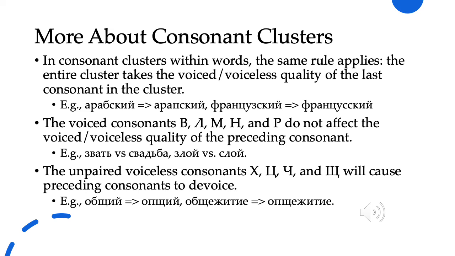In the same way, but oppositely, the unpaired voiceless consonants ch, ch, and sh will cause preceding consonants to devoice. We see this most commonly in the word obshi, general or common, and its various derivatives such as общежитие. So that b before the sh in общий or общежитие is pronounced more like a p.